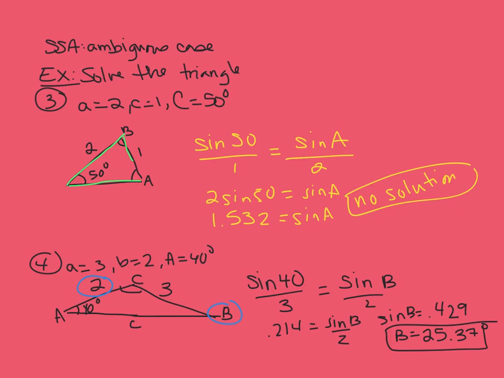This is looking pretty good because I do have a legitimate angle that works, so I can see that it's not going to be a no solution one. So I want you guys on your own to see if you can find the other side and the other angle. And if you work these out, you hopefully find that angle C is 114.6 degrees and side c is 4.24-ish.